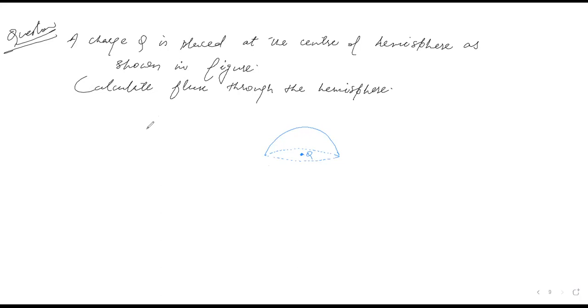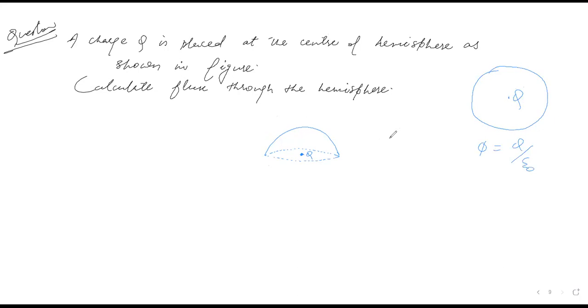For such type of question, we already know if the surface is closed and the charge is placed inside the surface, then the flux is Q over epsilon naught. Are you clear or not?